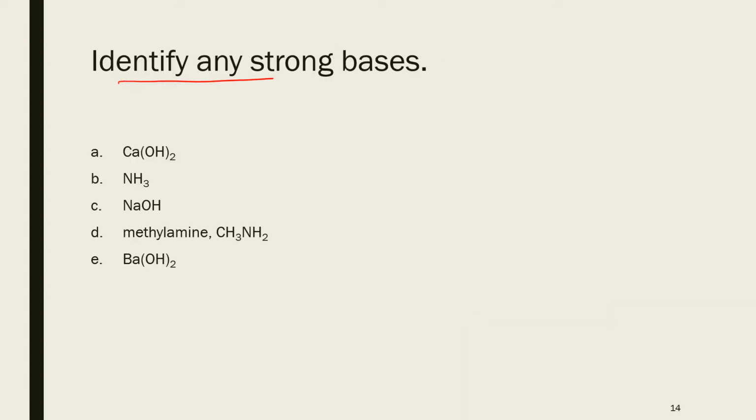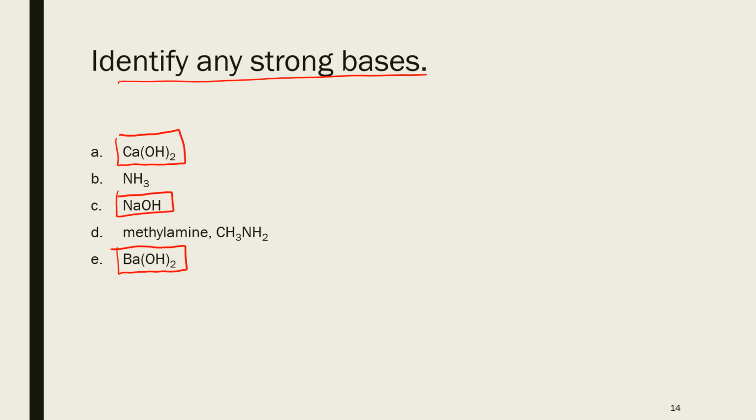Let's identify strong bases from this list. As we learned, ionic compounds made up of group 1A metals or group 2A metals and hydroxide ions are strong bases. So we can say that calcium hydroxide is a strong base, sodium hydroxide is a strong base, and barium hydroxide is also a strong base.